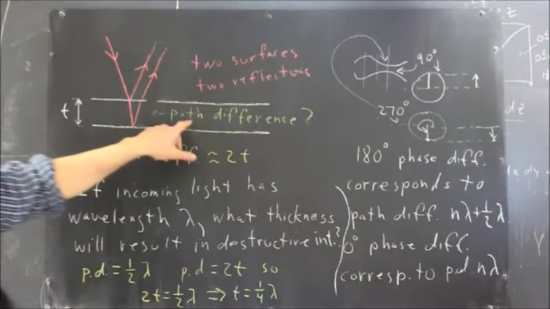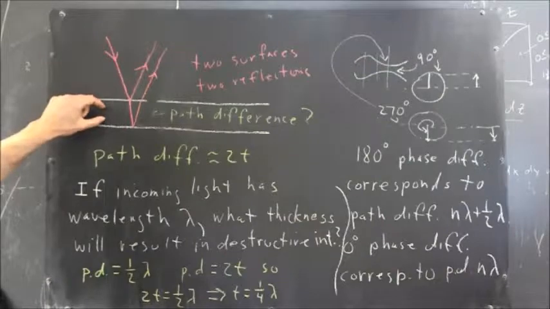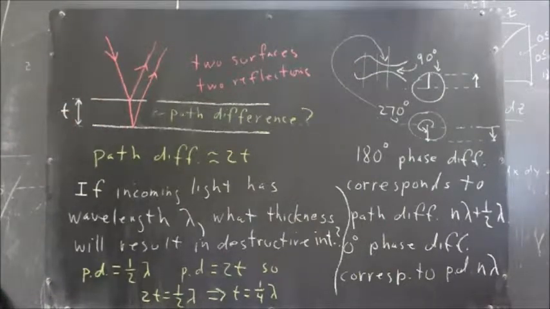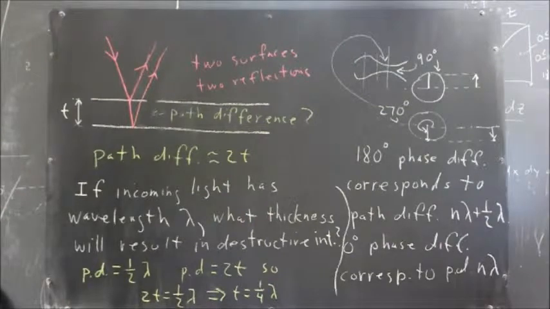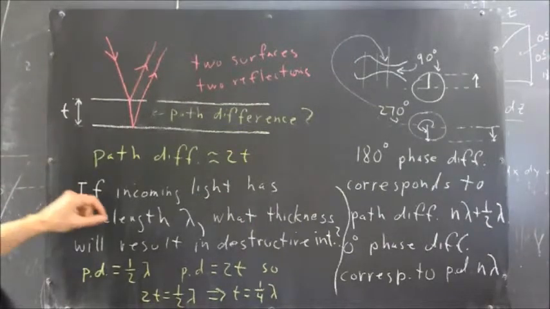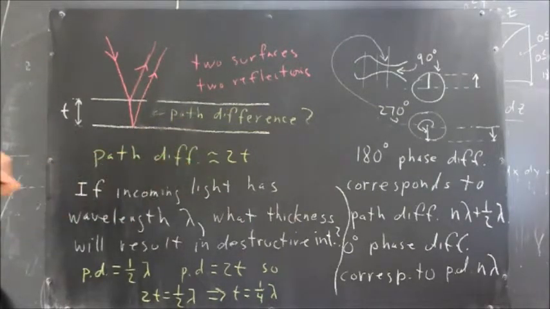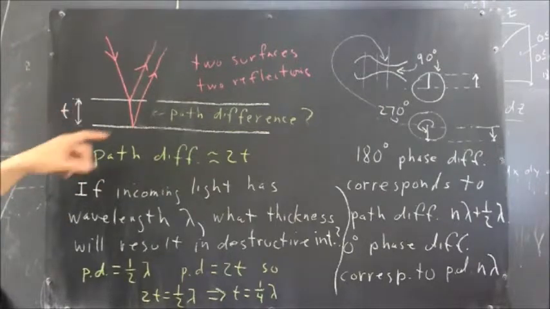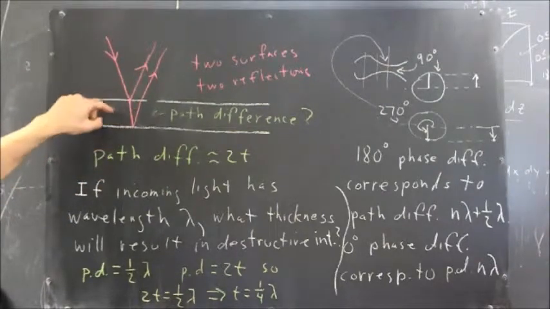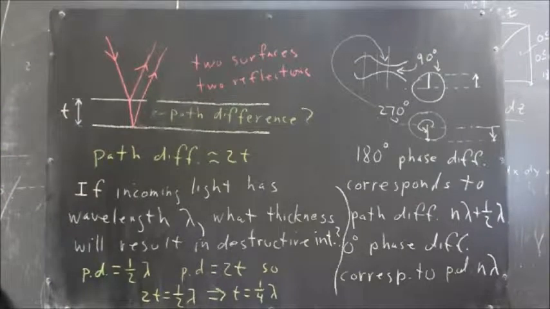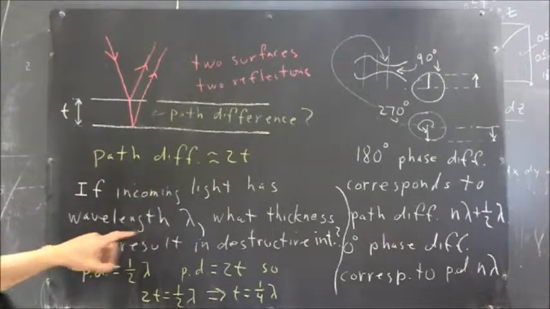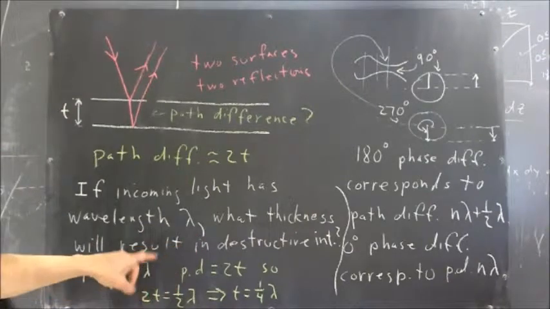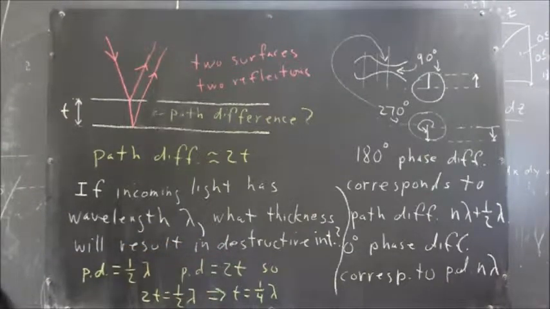Now, that path difference occurs in this material, and this material has an index of refraction, so the number of wavelengths of path difference would have to be calculated in terms of the wavelength of the light within this material. So if the incoming light has wavelength lambda, we ask what thickness will result in destructive interference.